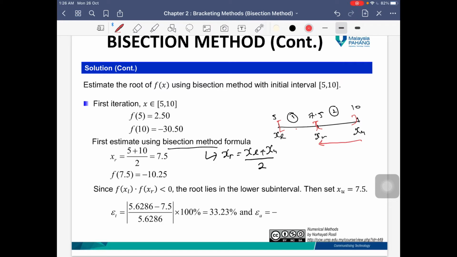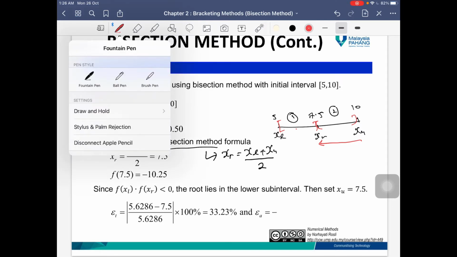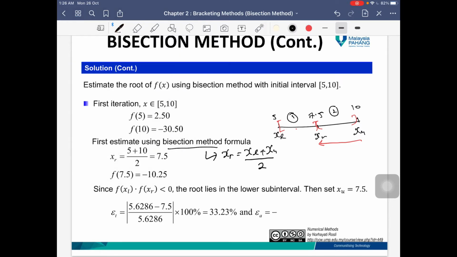So now our interval is reduced to this new interval, where this is our x_l and this is our new x_u. Alright, so this is our first iteration, and this is the interval for our second iteration.